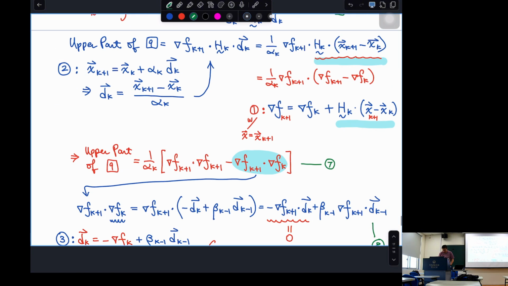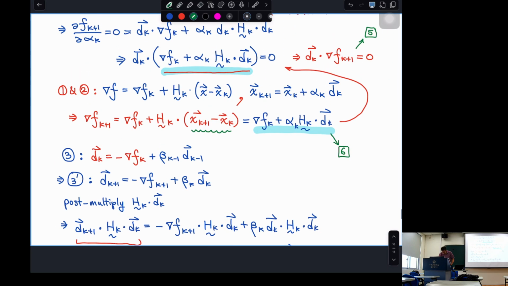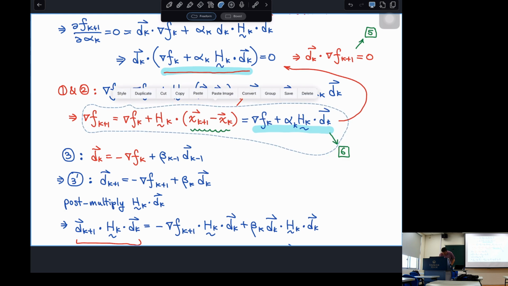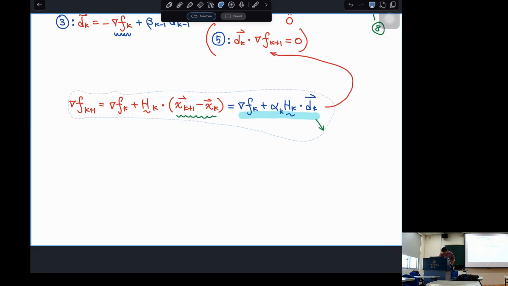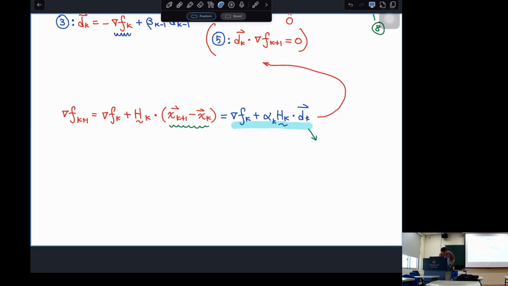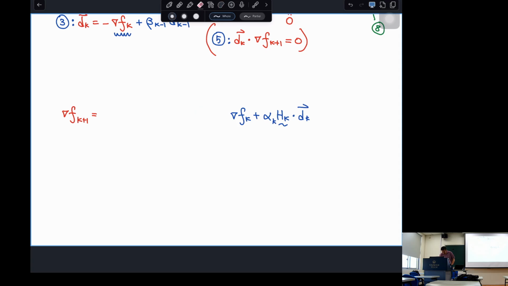So let's pick up equation 6 right here. Copy, paste, get rid of these. Okay, so this is equation 6.